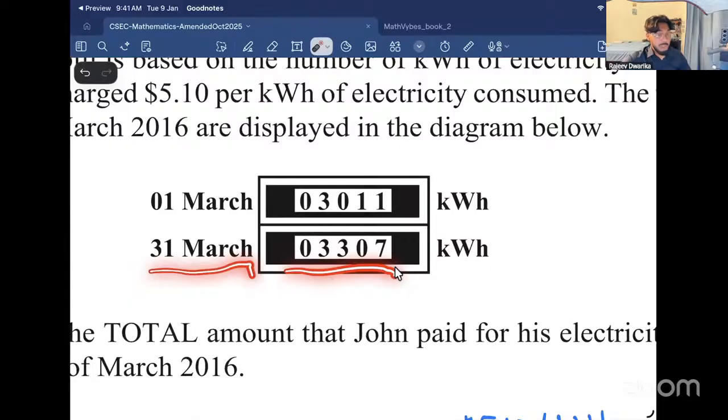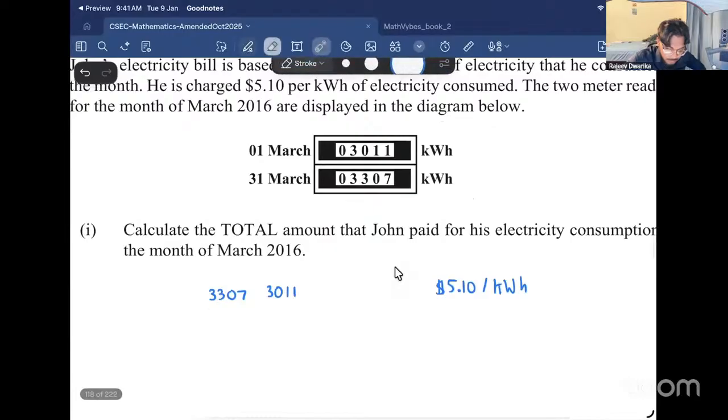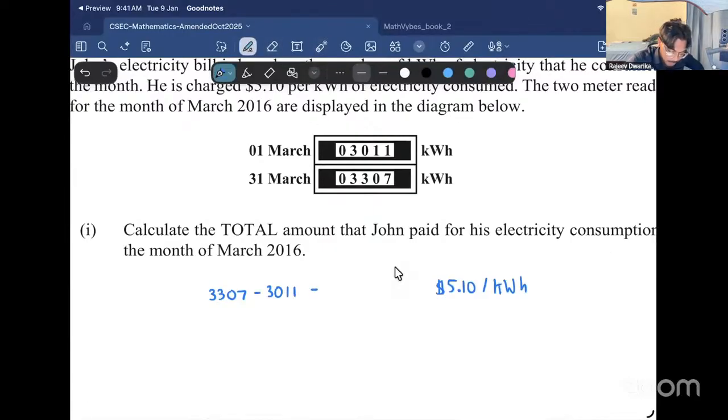If you want to figure out just the month of March, you need to find the difference from the start of March to the end of March, to find out how much energy was used between the two time periods. So what's that going to be? 296. 296? Yes, sir.